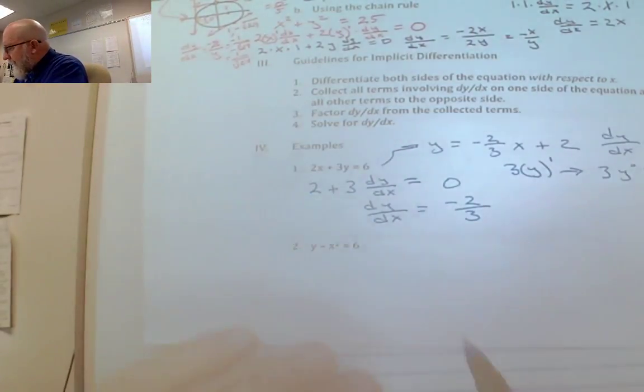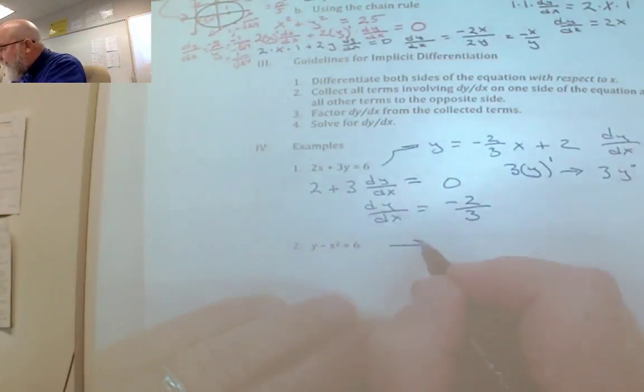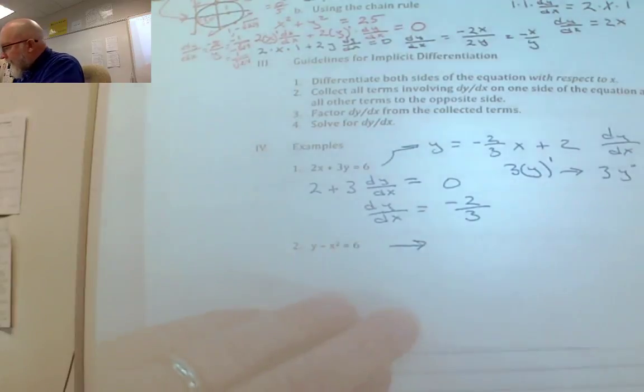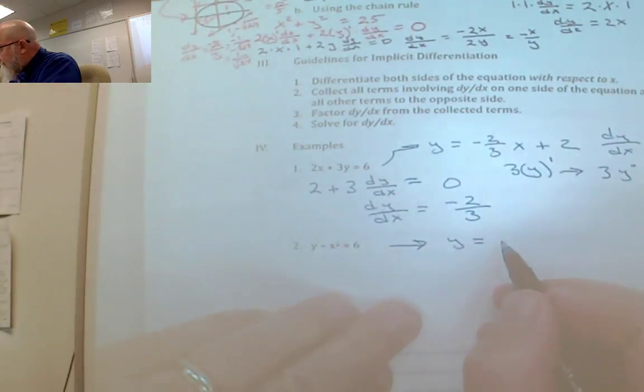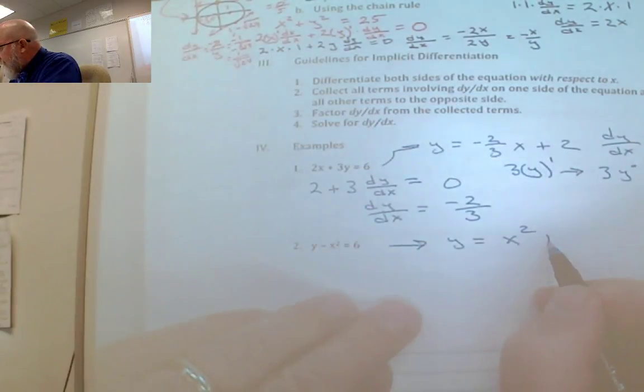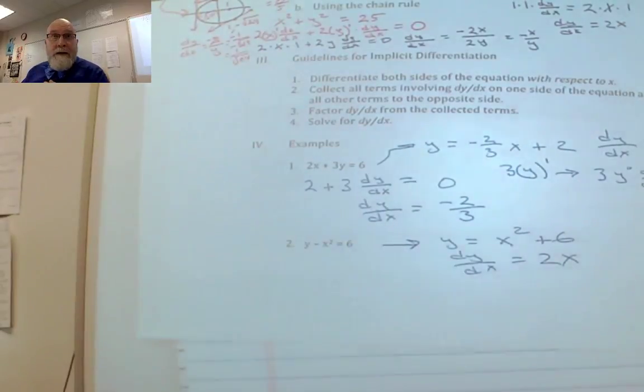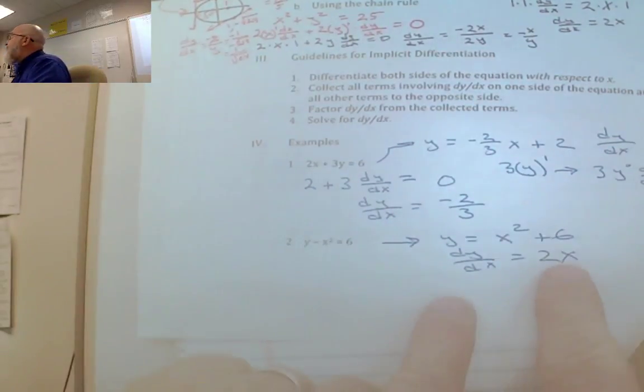Now again, I could very easily, and I would encourage you still to do this, get y by itself when it's easy like this, and take the derivative, just like you have been doing, and get 2x, right? That's how we would do it explicitly.